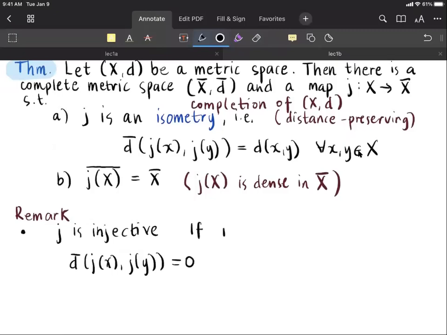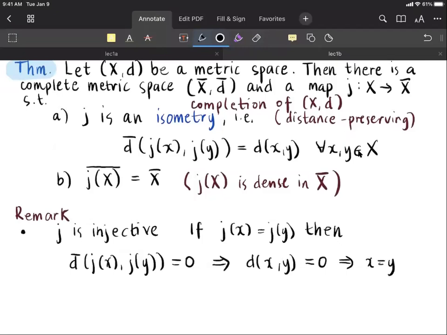If J of x is equal to J of y, then of course, according to the first property of a metric, the distance between Jx and Jy must be 0. But by the fact that J is an isometry, this would imply that the distance between x and y is 0. Hence, x must be equal to y. And this shows that, in fact, J is injective, or a one-to-one mapping.